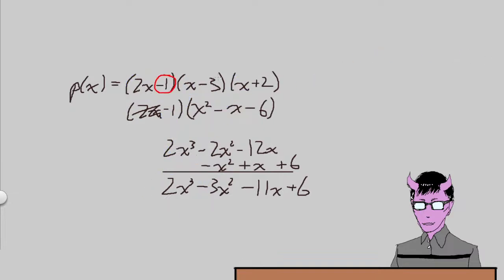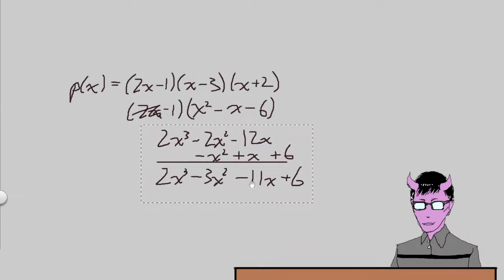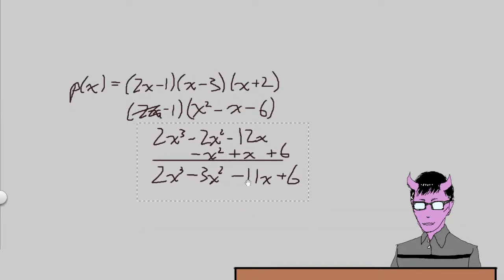We have constant times constant times constant. The product of those 3 constants is this ending constant. So those 2 terms are the easiest ones to trace. The middle 2 terms are a little bit more difficult to trace, especially when you are trying to factorize.